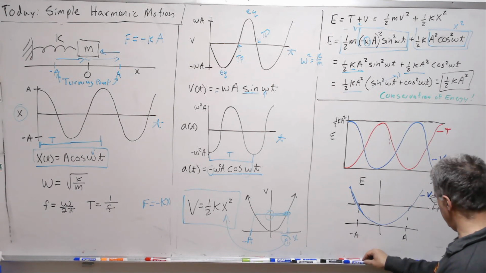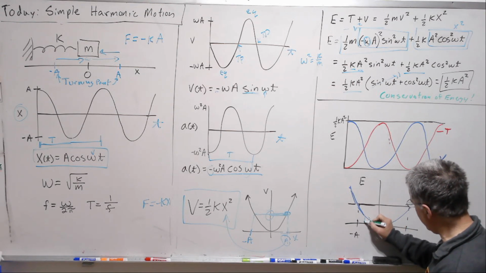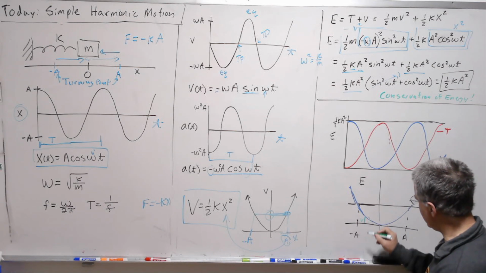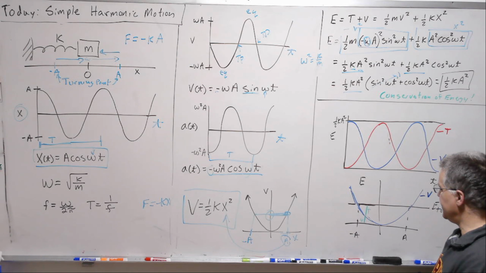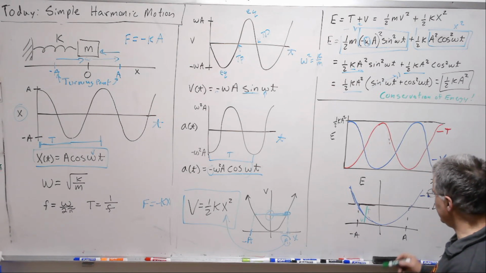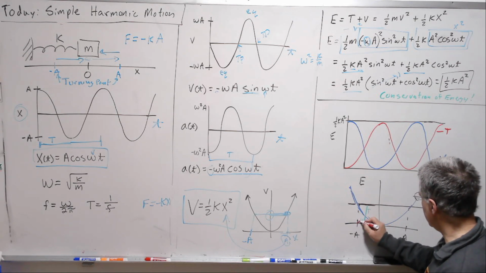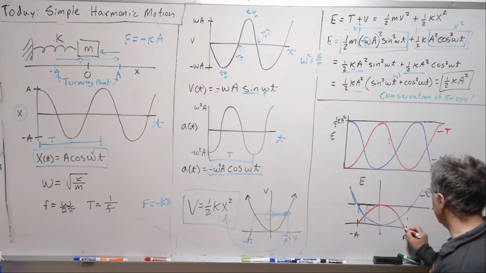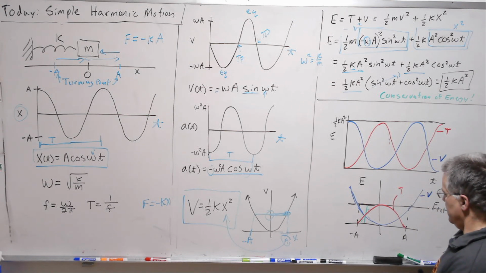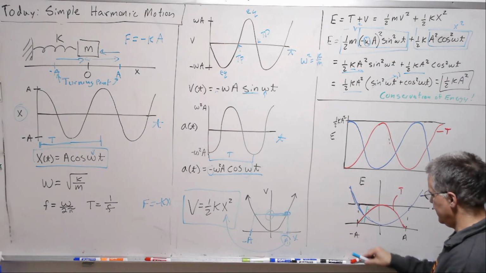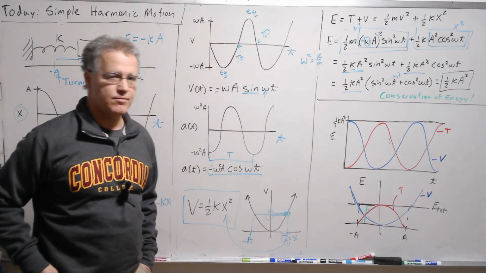And then by conservation of energy, if this is potential energy at any point here, that's potential energy. And so this is kinetic energy. So if I were to plot that in red, that's going to look like this. All right. So there's our description of simple harmonic motion.